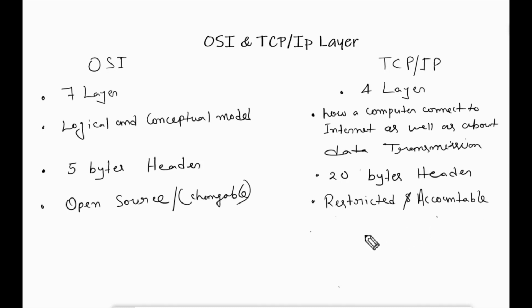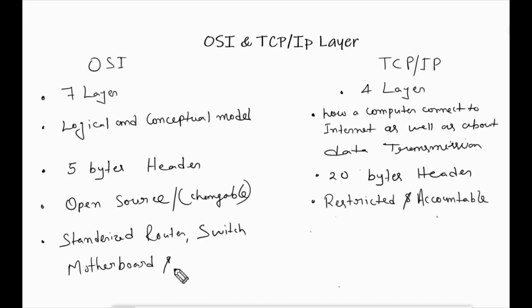OSI helps to standardize router, switches, motherboard and hardware, where OSI only standardizes router, switch, motherboard and other hardware, where TCP/IP helps you to establish a connection between different types of computer.